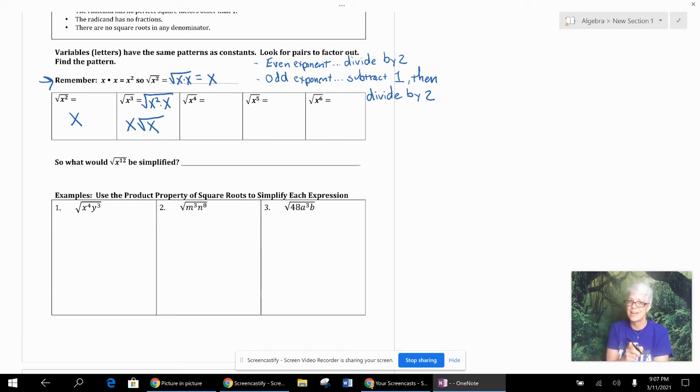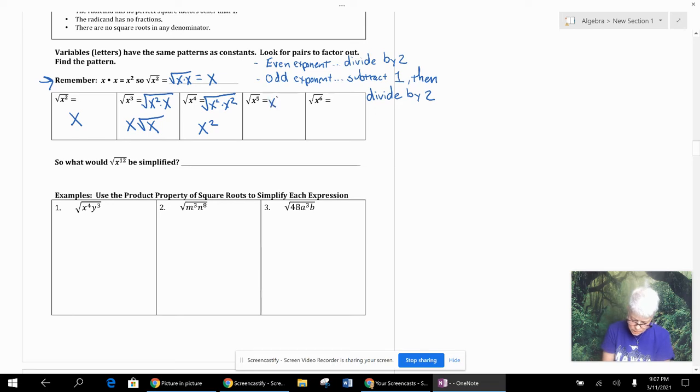I know, crazy, right? Just hold on. x to the power of 4 is x squared times x squared, so I can pull x squared out. Again, it's an even number, 4. Divide by 2, that's what I pull out.